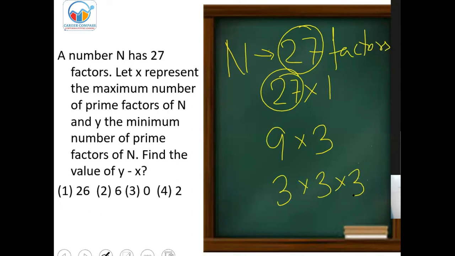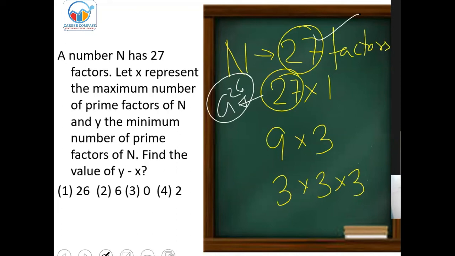The moment you look at these three situations, I can think of n as a to the power 26, which corresponds to this example, where for a number which looks like a to the power 26, the number of factors will be 27, no? That is 26 plus 1.